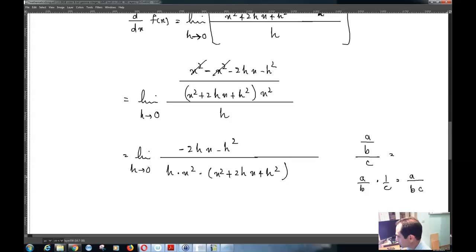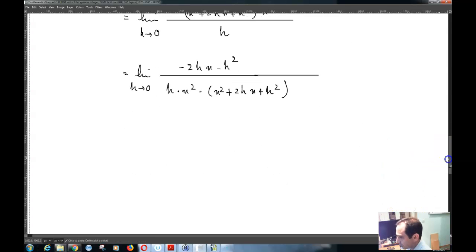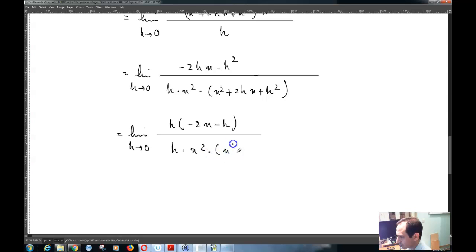And so I can write this as the limit as h tends to 0 of h times negative 2x minus h over h times x squared times x squared plus 2hx plus h squared.